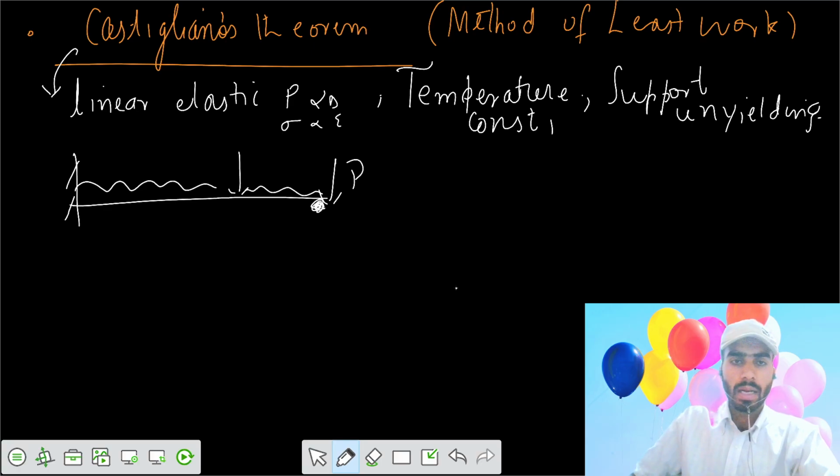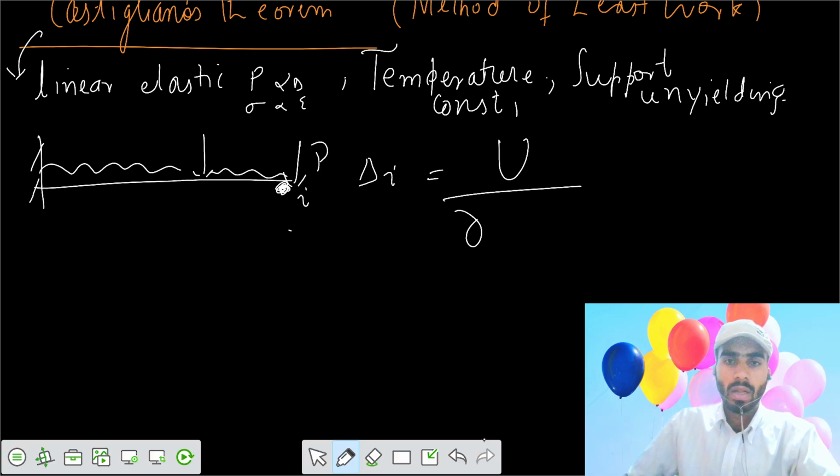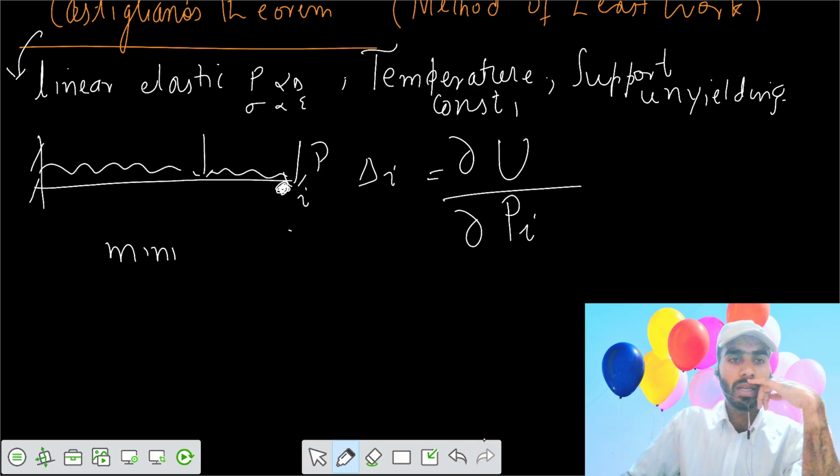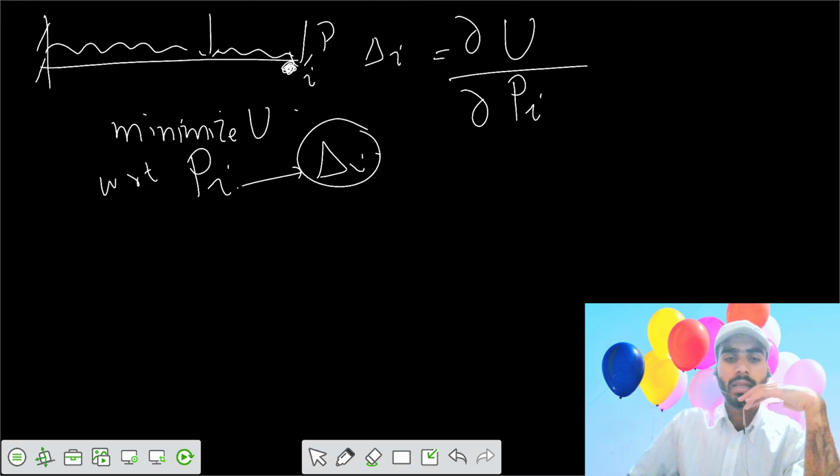Castigliano's theorem says that if you want to get the delta at i, get the total strain energy stored in the beam, then minimize it with respect to the load acting at that location i. So this is Castigliano's theorem.